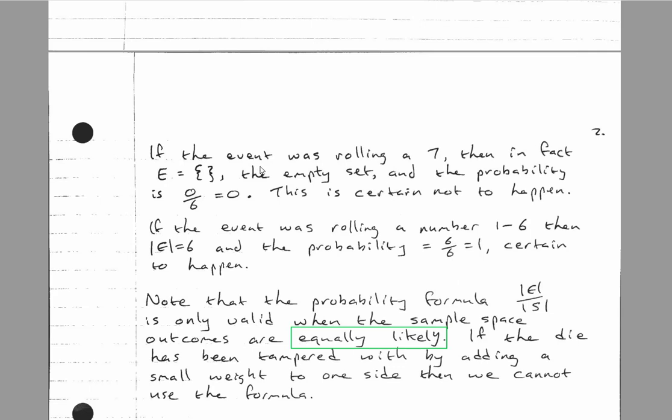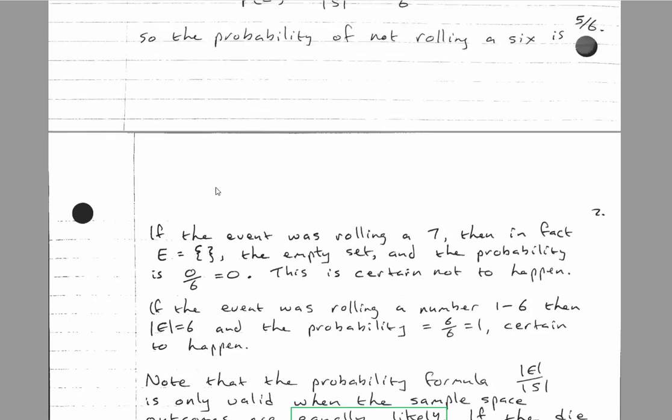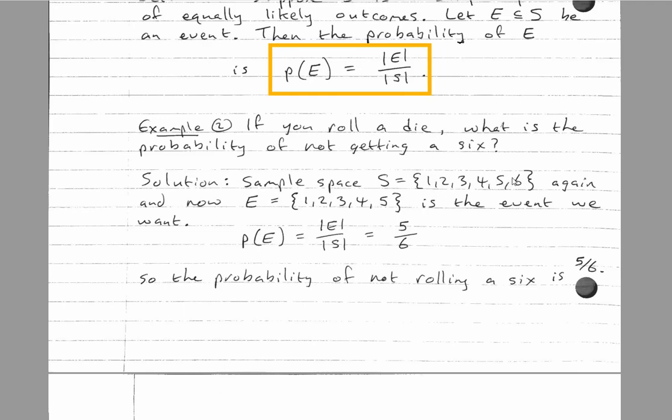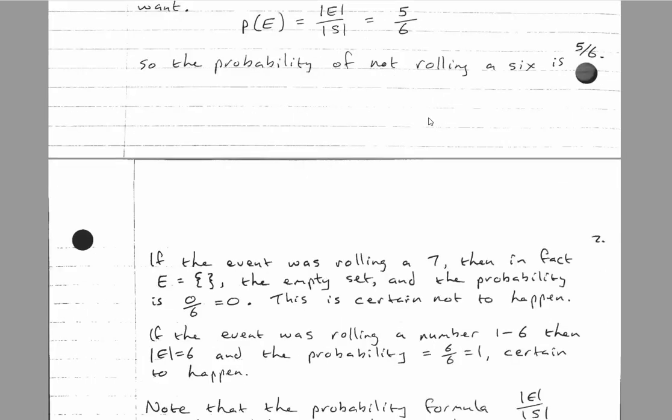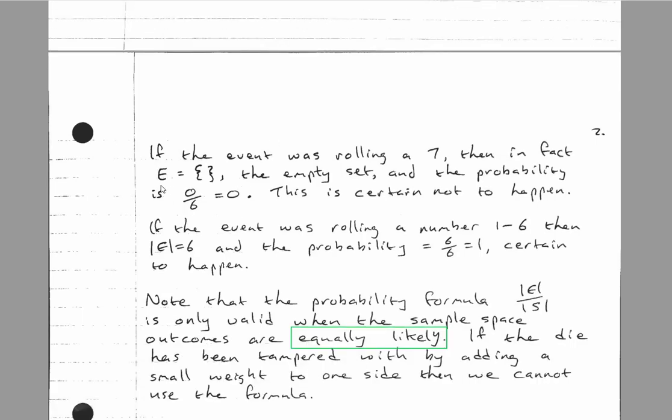If you roll a die, what's the probability of rolling a 7? Well, what subset of the sample space is that? Well, it's not in the sample space, so the event would be the empty set, 0 elements.